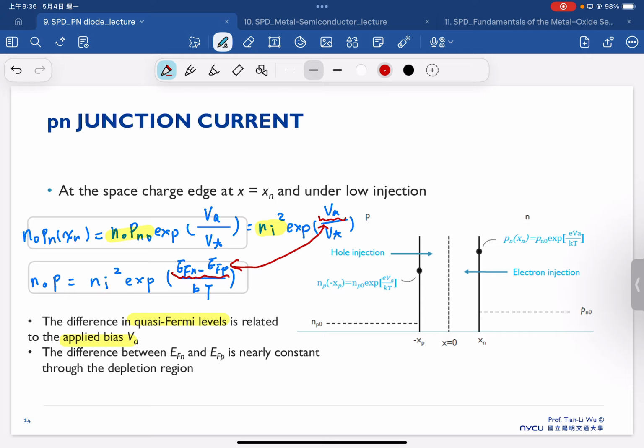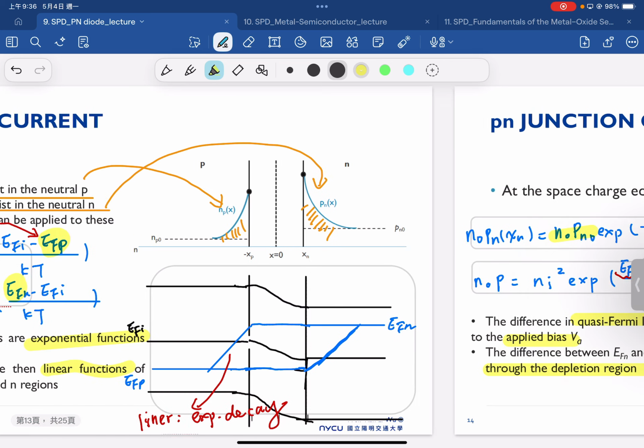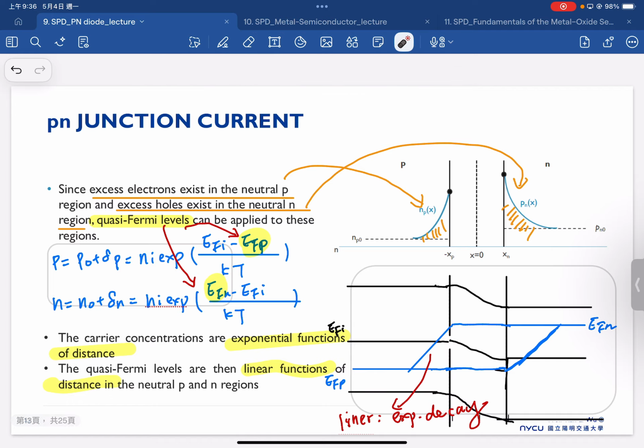The difference between EFN and EFP is nearly constant through the depletion region, as shown in the last slide. So the difference here is nearly constant across the depletion region.